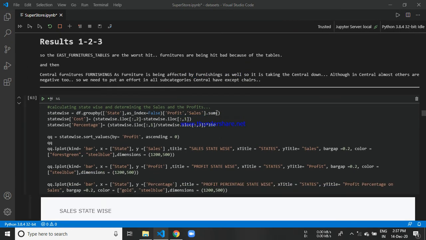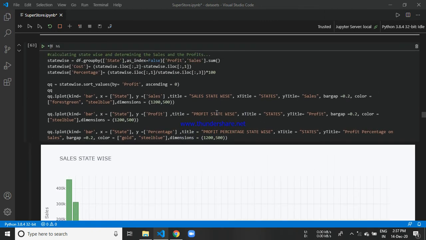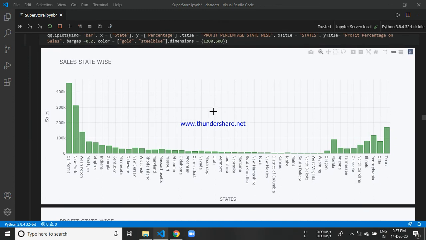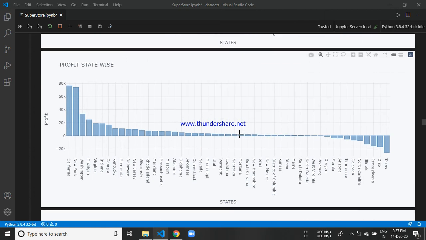So let's go into state wise analysis. This is the code if you want to see it. The sales are highest in California and the lowest in Wyoming, and this is up because they have negative profits. I will show you later. Here are the profits. The highest profit is in California and the lowest profit is in Texas.